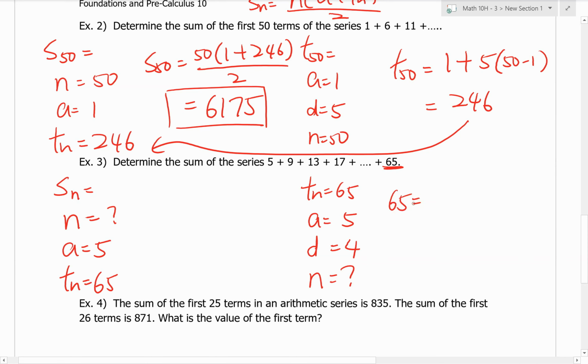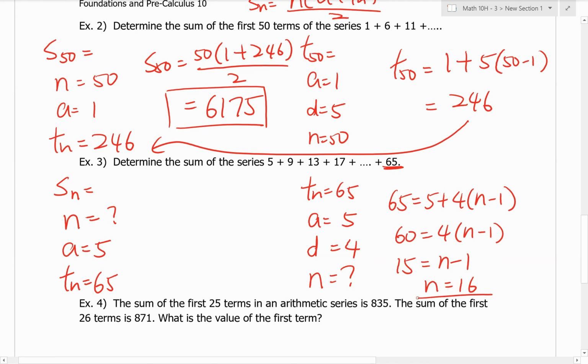We can just write out the formula. 65 is equal to a plus the common difference times n minus 1. Solve this equation. Minus 5 on both sides, you get 60 is equal to 4 times n minus 1. Divide both sides by 4, you get 15 is equal to n minus 1. Add 1, n is equal to 16.